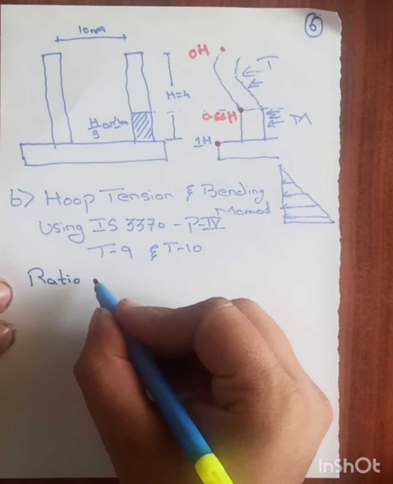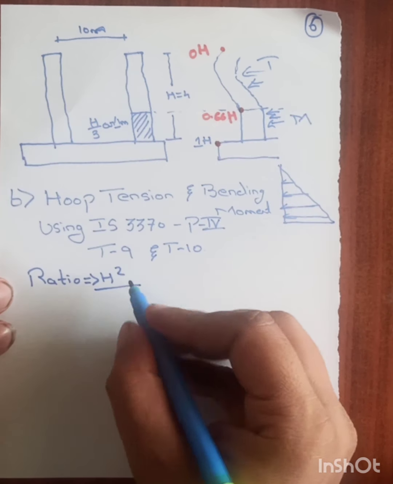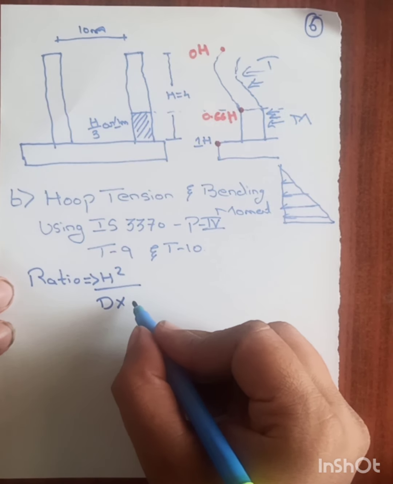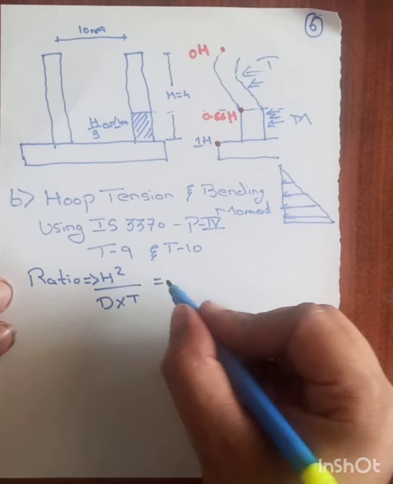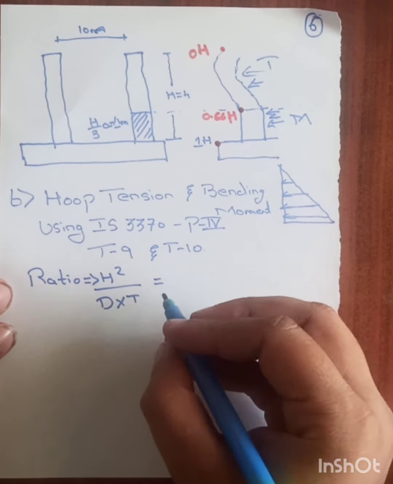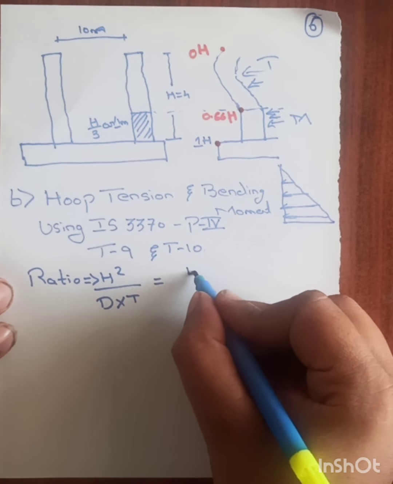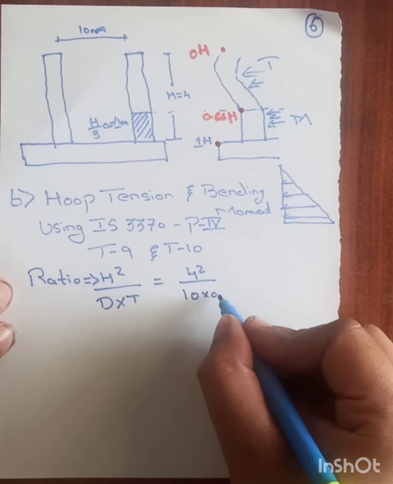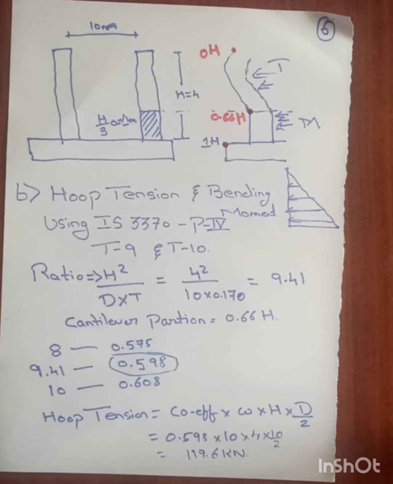In table number 9 for ratio, H square by D into thickness, overall thickness. So H square, height is 4 meters divided by 10 into 0.170, which comes around 9.41.